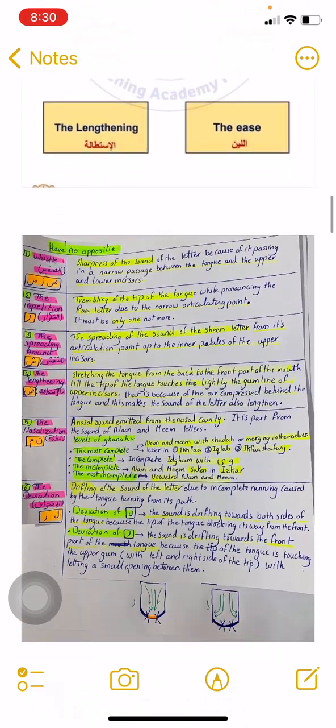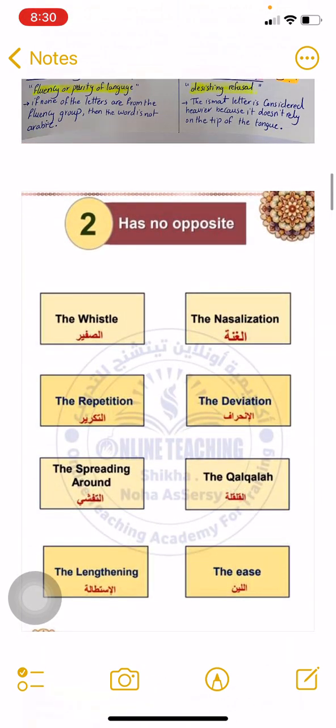At first I am going to revise whistle, which means al-safir in Arabic, which is sharpness of the sound with the letters صاد, زاي, سين.